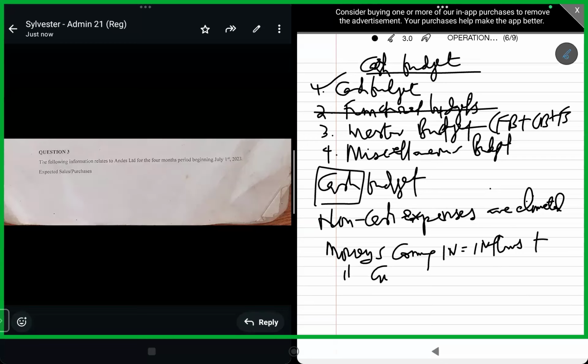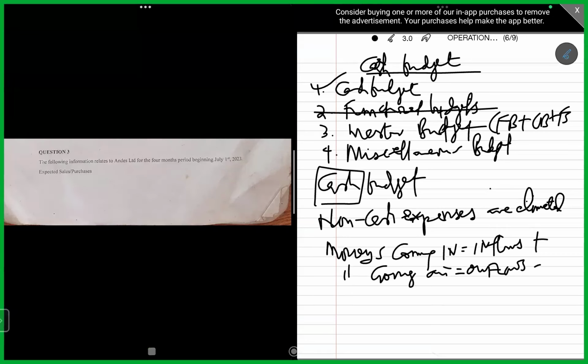Monies going out are outflows because the business is spending money out. We subtract. So these are some basic things we just have to understand about the cash budget. So we are going to start work. We are going to solve question 3 on the screen, and then we will proceed from there.